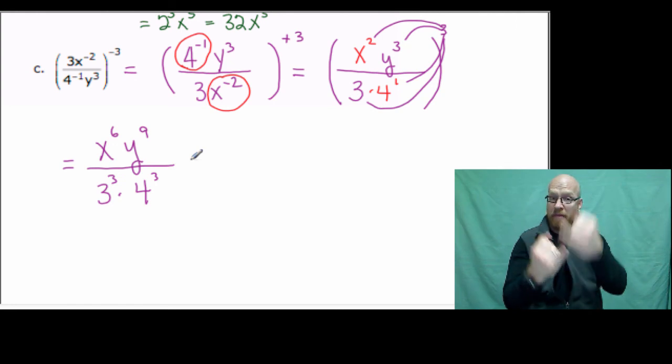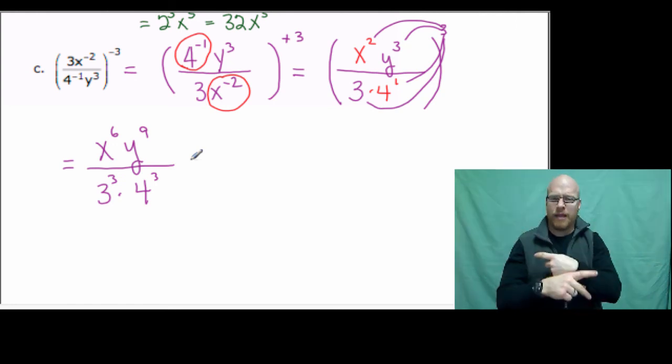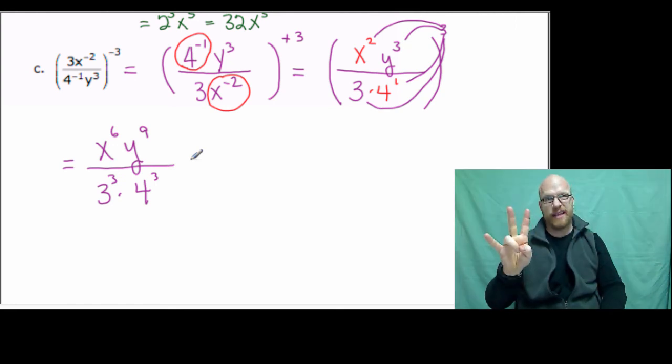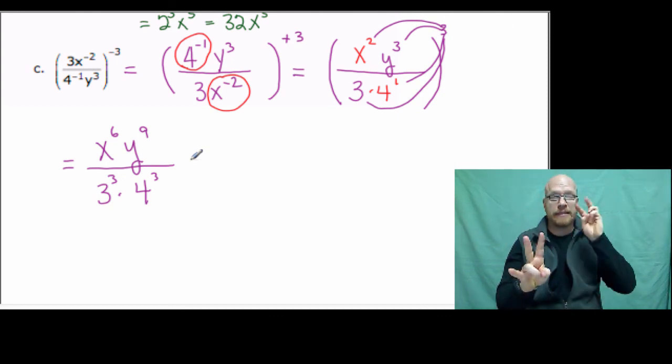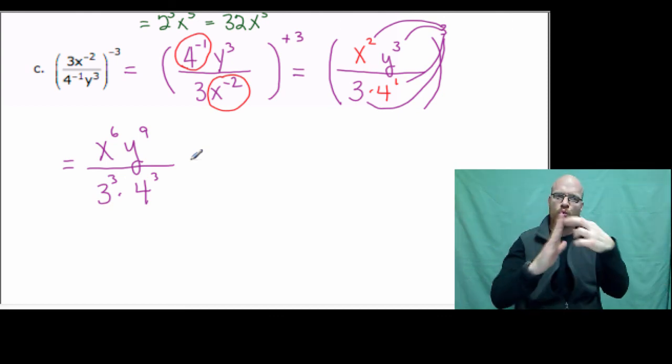Okay, that's our answer. It's not the final answer. We would normally cube the 3 and then cube the 4. It would be 27 times 64, and you can figure that out.